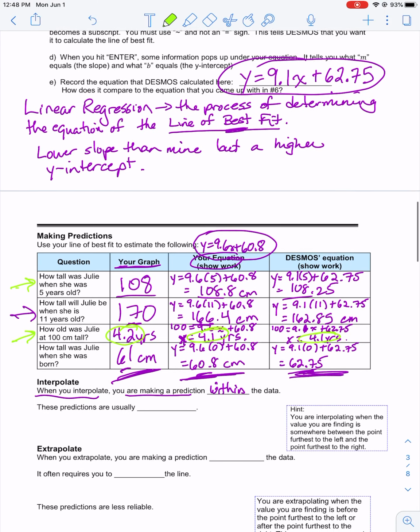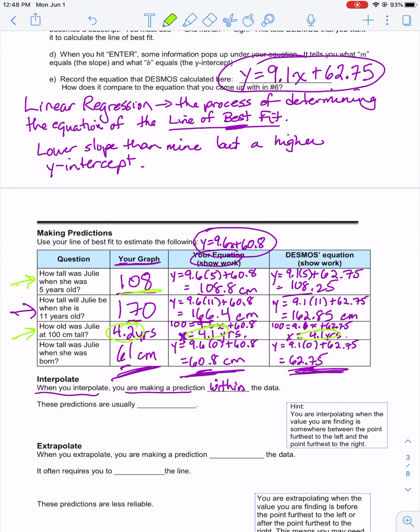But according to my equation of good fit, 108.8, and the equation of the line of best fit was 108 as well. This is all interpolation, because 5 years old is between 1 year and 8 years. These predictions are usually reliable.